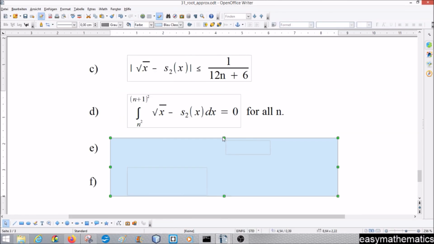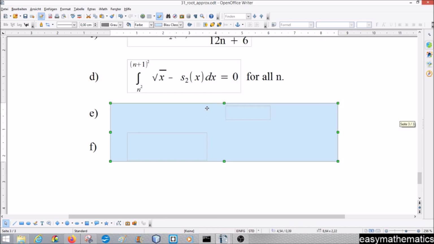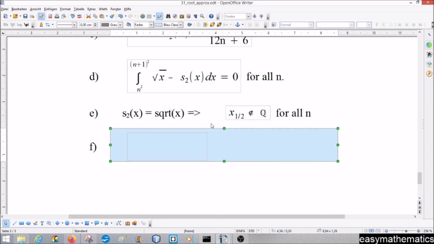D. What is D? The integral from n squared up to (n plus 1) squared of the square root of x minus s2 of x dx is 0 for all n. E. What is E? If we calculate the intersection of s2 and the square root of x, we have that these two intersection points x1 and x2 are not rational for all n.